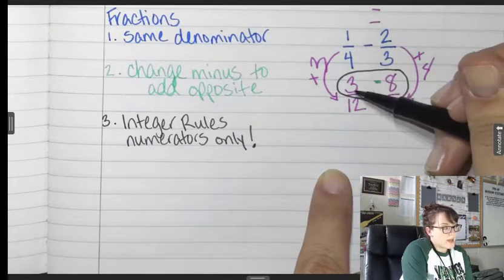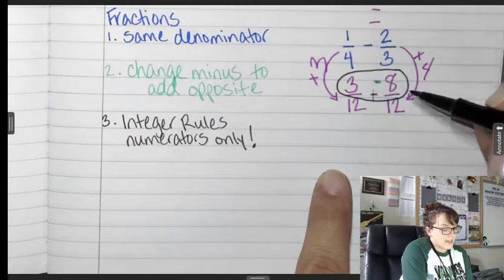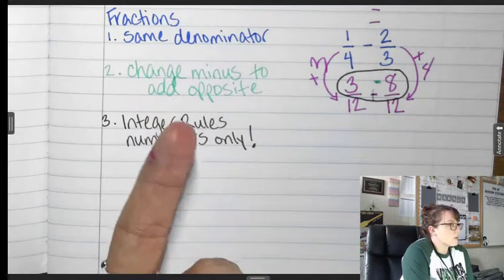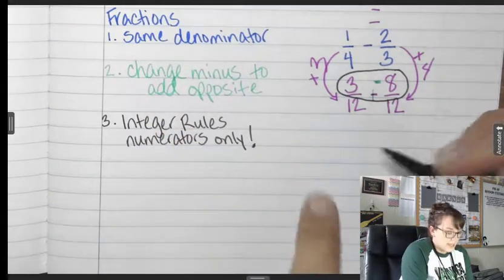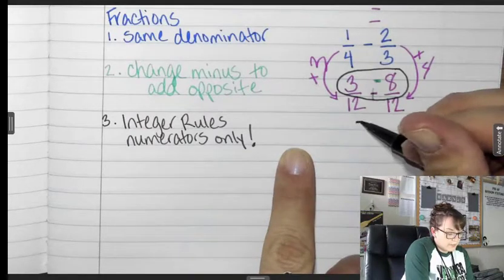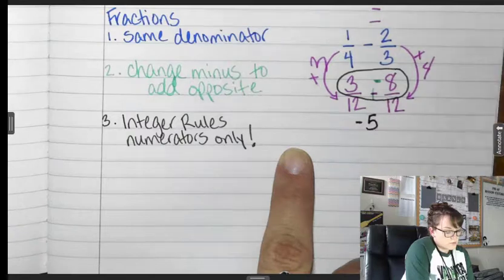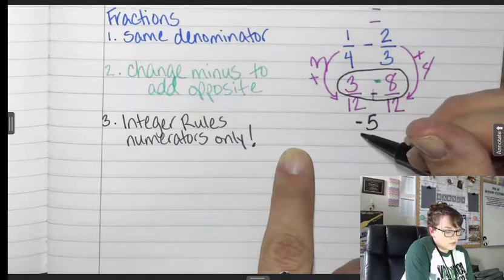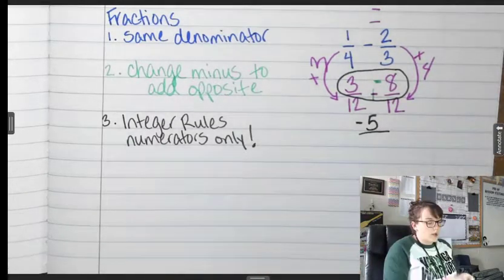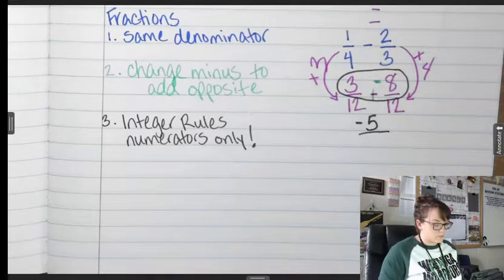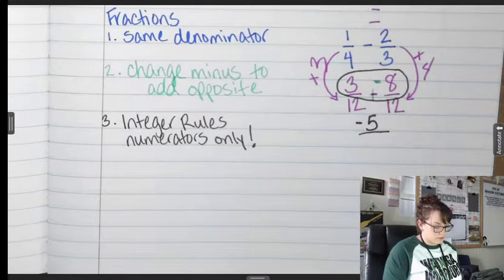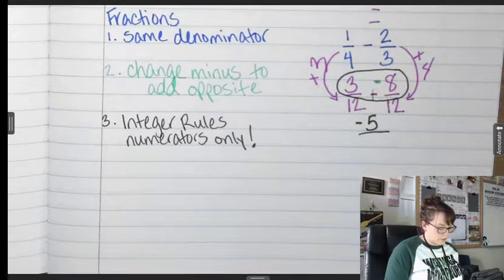I have 3 positives and 8 negatives. Which team is going to win that fight? The negative team. How many more players play for the negatives? 5 players. And then what size are the pieces of the puzzle? 12. My denominator is 12.